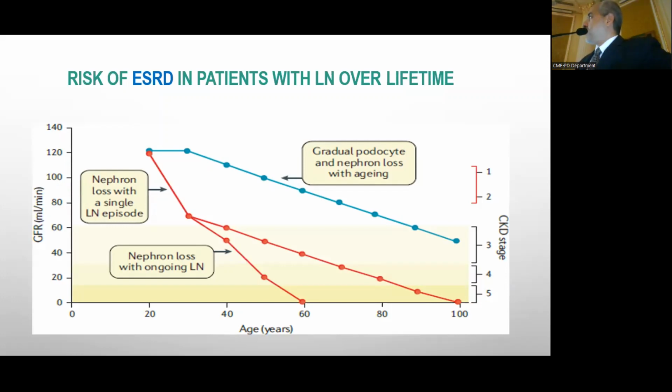At the age of 70, the GFR will be around 30 or 35 milliliters per minute, compared to 70 in a healthy person of the same age group. But if a patient gets more and more lupus flares with lupus nephritis, the progressive nephron loss will be so rapid that he reaches end-stage kidney disease at the age of 45 to 50 years.